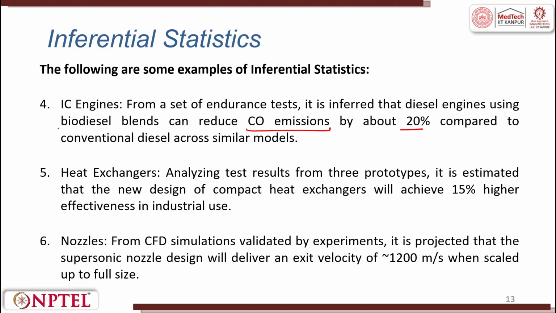They say biodiesel blends will reduce carbon monoxide emissions. Heat exchangers: analyzing test results from 3 prototypes, it is estimated that new design of compact heat exchanger will achieve 15% higher effectiveness in industrial use.